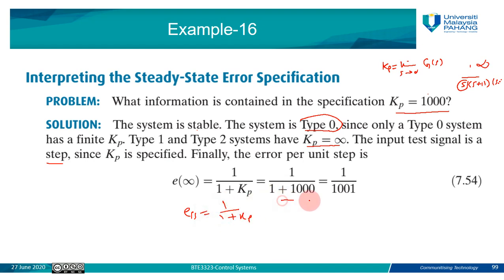So 1 over 1 plus 1000 will give you 1 over 1001. Okay. So this is how to use the specification of the steady state error in order to identify the system type, the system stability situation, and also the steady state error value.